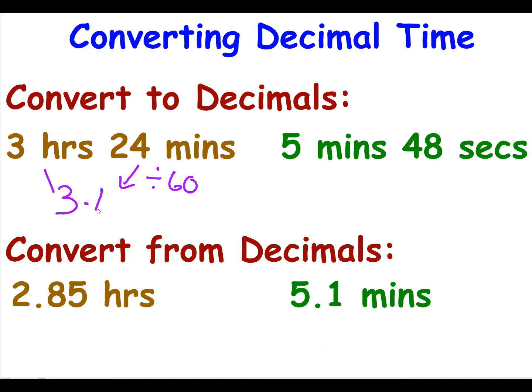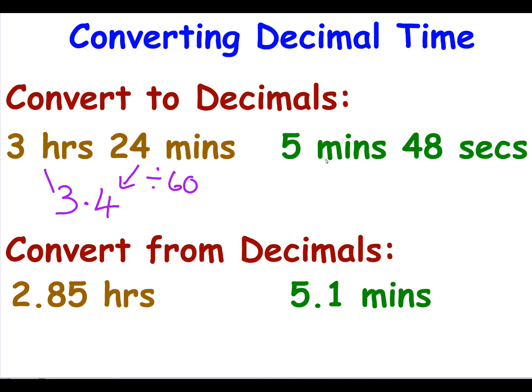So you end up with 0.4. So 3.4 hours is the same as 3 hours and 24 minutes. 3.4 hours does not mean 3 hours and 40 minutes. Because we've got this cycle of 60, 0.4 of 60 is 24.